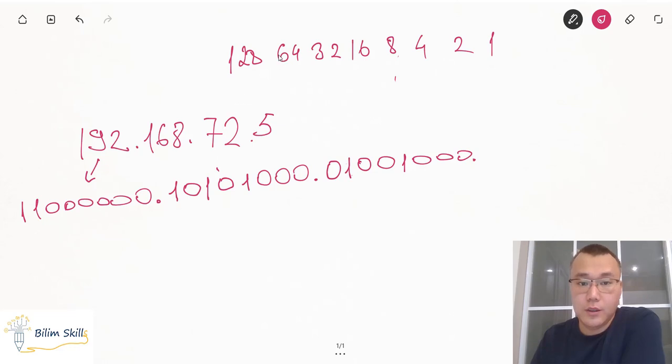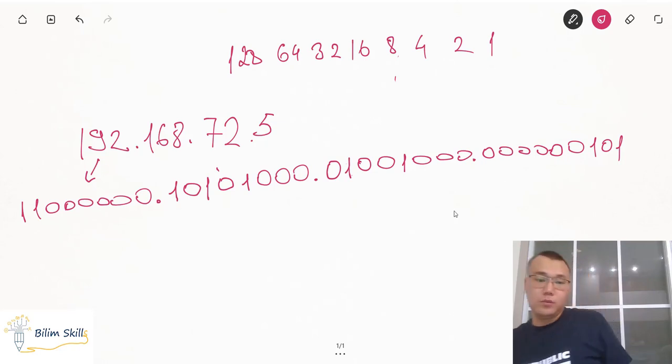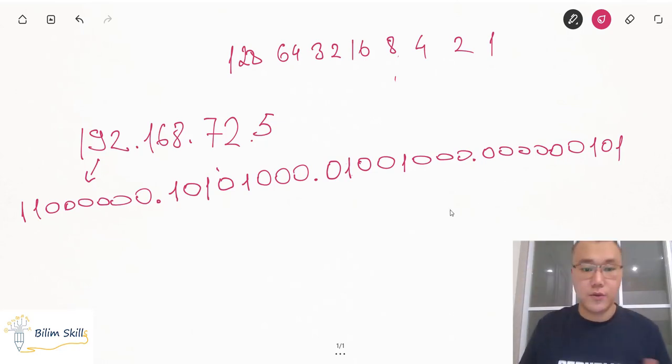So let's check it: 64 plus 8 is 72. And 5 is 0, 0, 0, 0, 0, 1, 0, 1. Okay, now we have learned how to convert the given IP address into binary form.